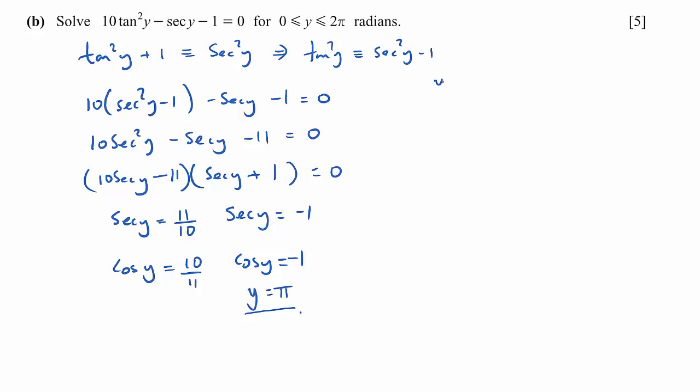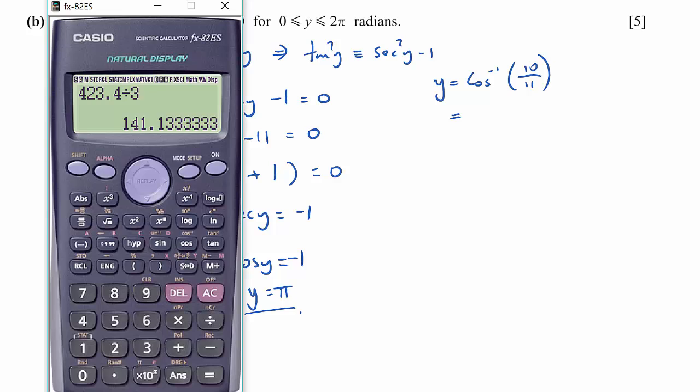So y is going to be the inverse cosine of 10 over 11. So we need to be back in radian mode. So get back to radians.